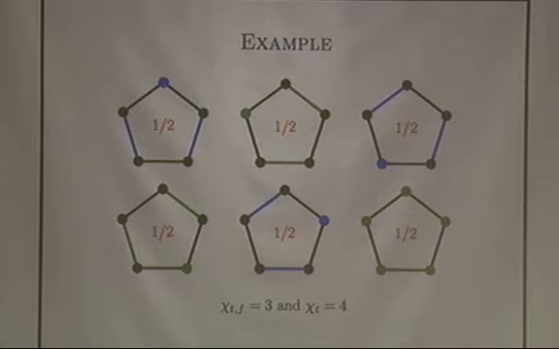I think I missed it. So a total independent set is a set that can be a color class in a total coloring, and in a total coloring we want to assign colors to edges and vertices in such a way that no 2 adjacent vertices have the same color, no 2 edges sharing a vertex have the same color, and no edge and no vertex incident with it have the same color. So a set is total independent if it's a set of some vertices and edges, it doesn't contain 2 adjacent vertices, all the edges form a matching, and there is no edge and a vertex contained in it.